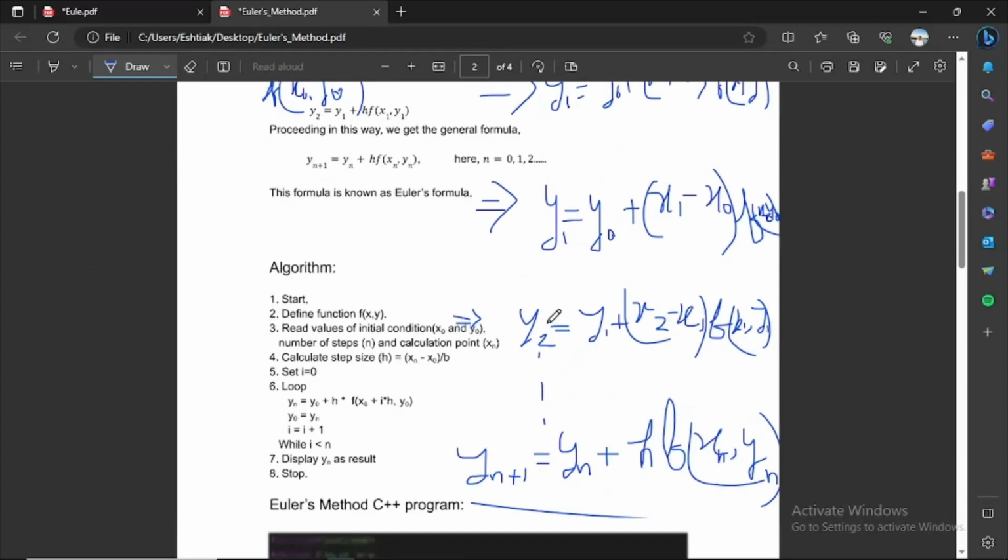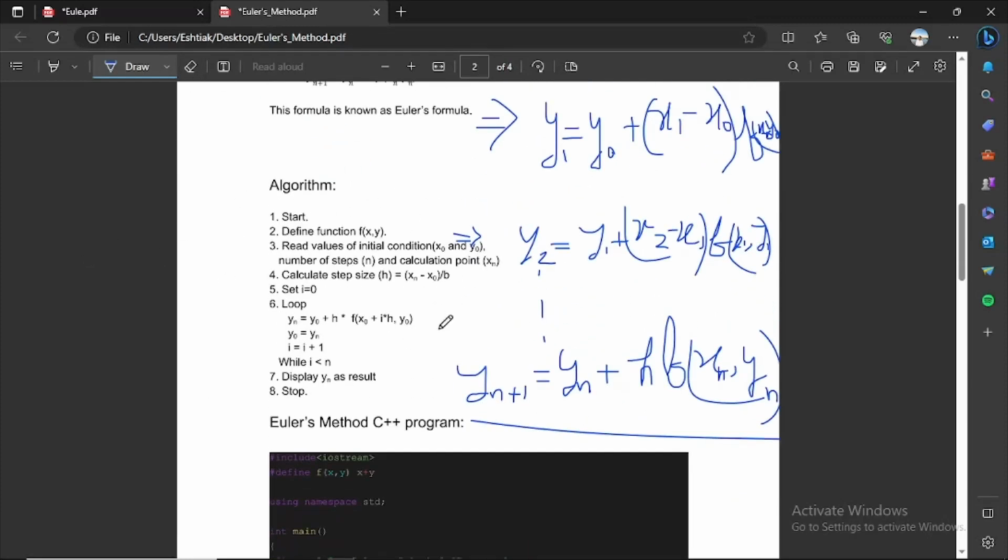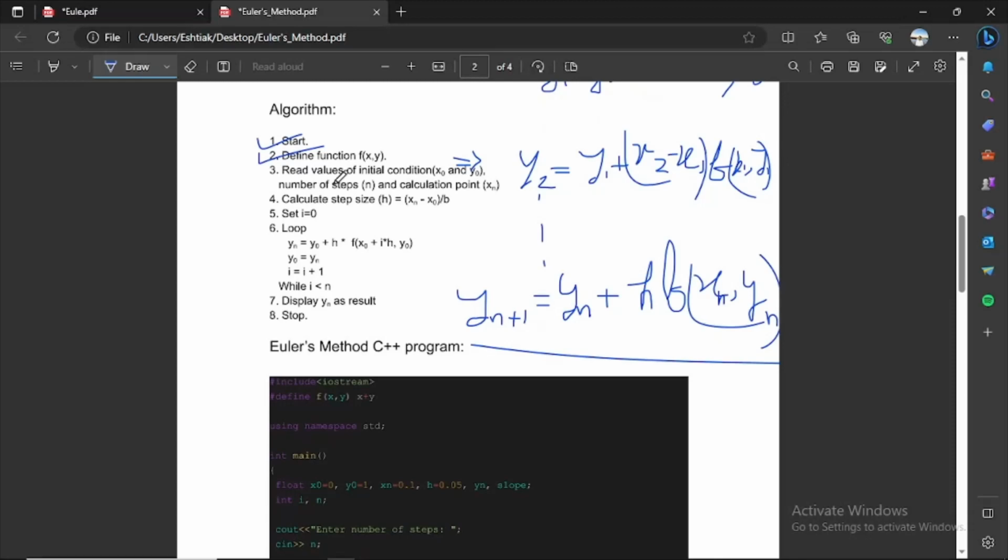Okay, now the algorithm part starts here. In the algorithm, first we start, and we define the function of xy. We define which function we are going to approximate. Then read the values of the initial condition, x0 and y0.